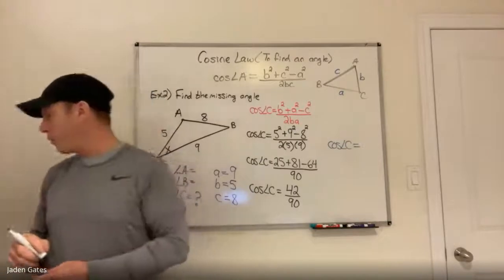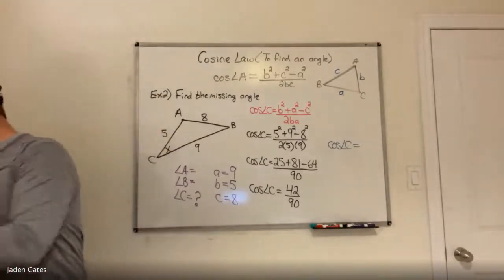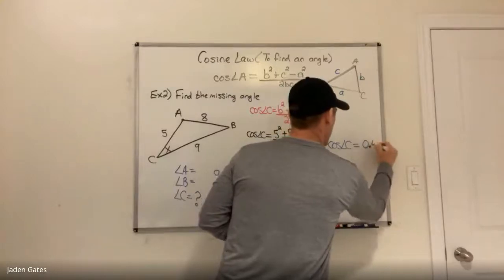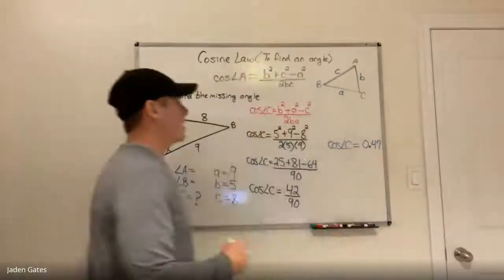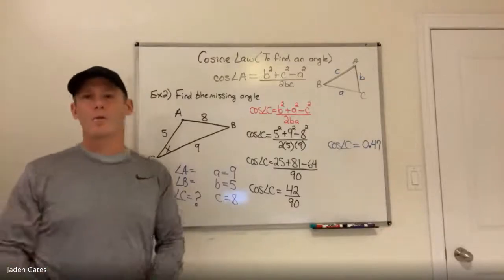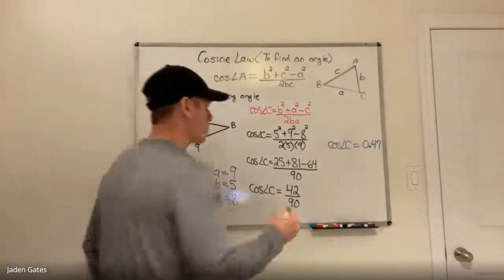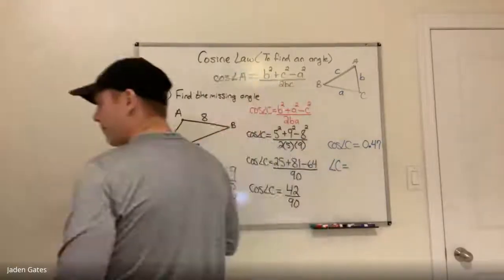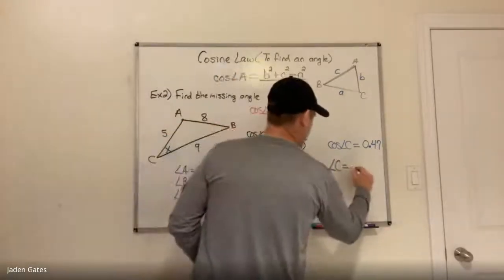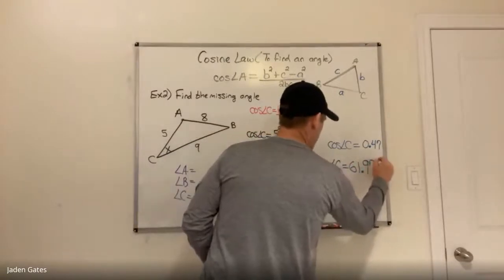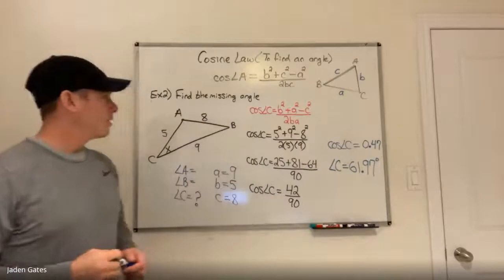That's going to be 0.4 something. We get 0.47. It wasn't quite half. And again, like I said before, we have the cos ratio. We want the angle. So I'm going to use cos inverse, and I get my angle to be 61.97 degrees. And there we go.